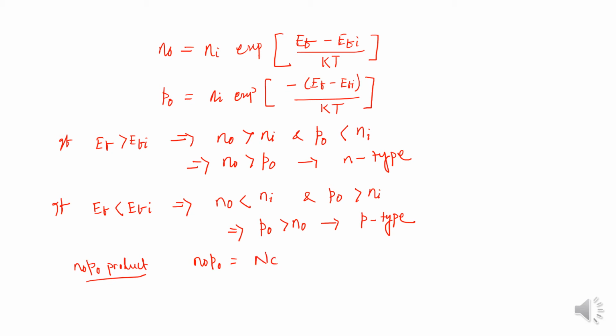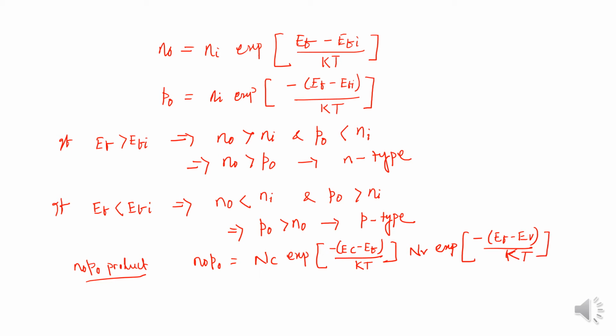We see NC exponential of minus of EC minus EF divided by kT, multiplied with, for P0 we have already determined, NV, the effective density of states in the valence band, exponential of minus of EF minus EV divided by kT, where k is the Boltzmann constant and T is the absolute temperature.